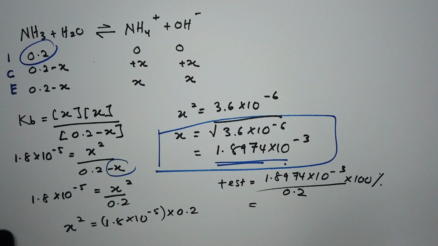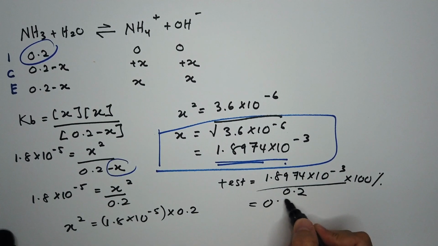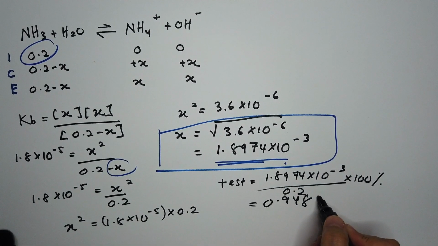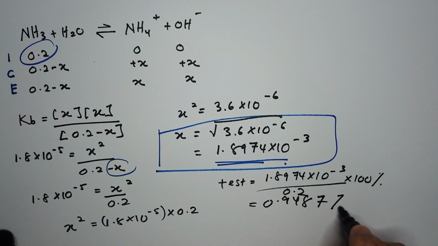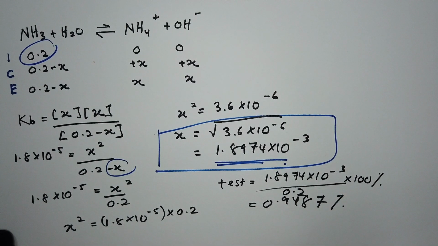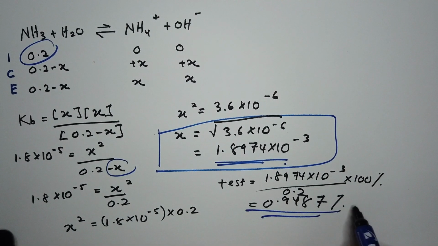So you should get your test equivalent to 0.9487%, which is less than 5%. So this one is approved. Since the value of x is approved, which is lower than 5%, it means that we can use that value of x as the concentration of your OH.